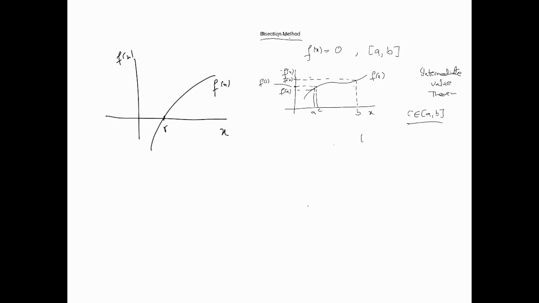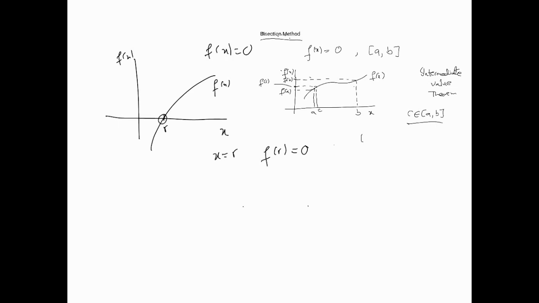When x is equal to r, f(r) must be equal to 0, given the equation f(x) = 0 is what we're trying to solve. So x = r is where clearly f(r) is 0. We can see that. Those are the coordinates of that particular point as well.